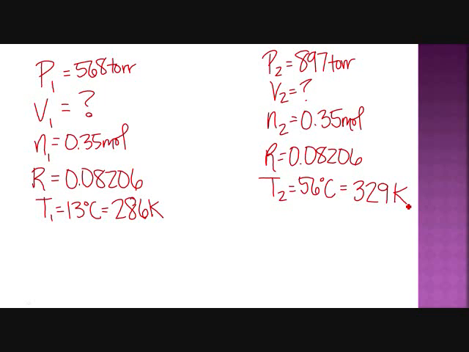Okay. So now on your equation sheet, it tells you that 1 atmosphere is equal to 760 millimeters of mercury or 760 torr. So how are we going to get this to turn into atmospheres? Do you multiply or divide to get it to change to torr? I mean to atmospheres. Divide. Yep.